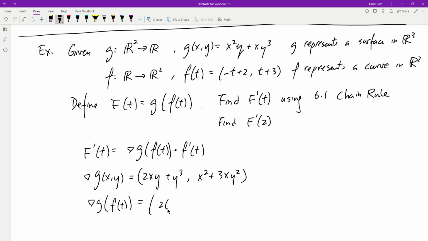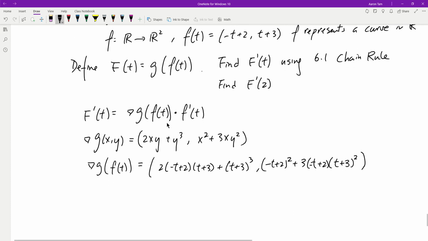Will be 2 negative t plus 2 times t plus 3 plus t plus 3 to the third, negative t plus 2 square plus 3 negative t plus 2 times t plus 3 square.